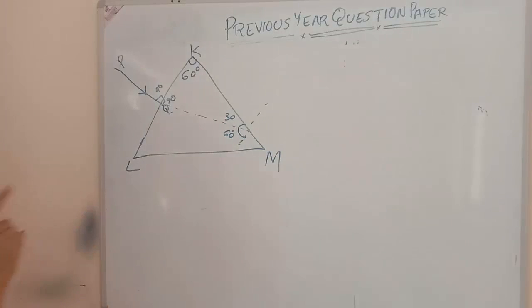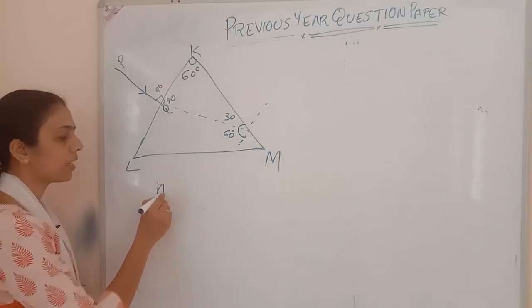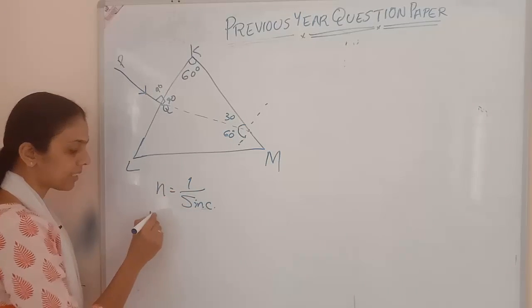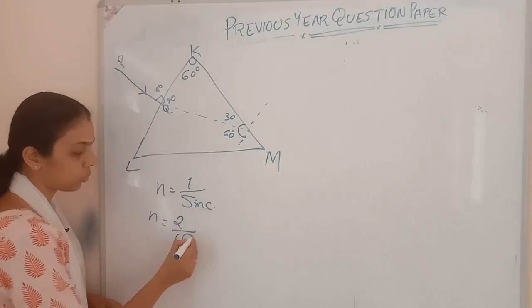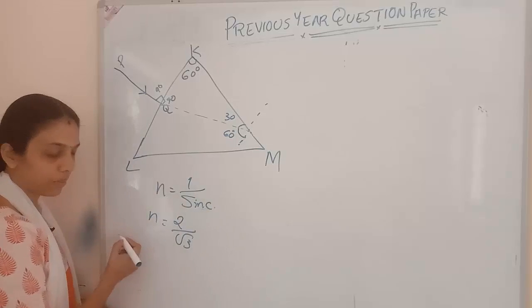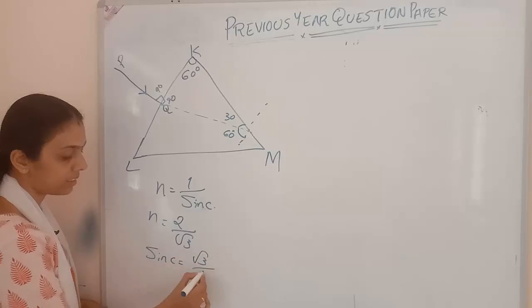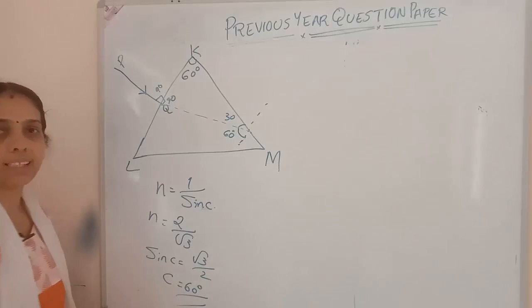So whether it is falling at the critical angle or not, we should find out, right? What is the formula? n equals 1 by sine C. n is given as 2 by root 3. So 2 by root 3 equals 1 by sine C. So sine C equals root 3 by 2. So C is 60 degree. Critical angle is 60 degree.